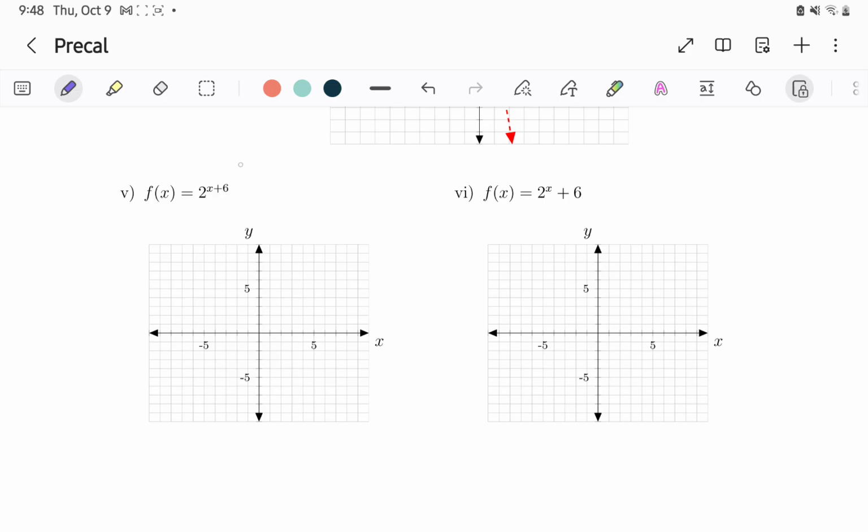So for the y-intercept, f of 0 is going to equal 2 to the 0 plus 6, which equals 2 to the 6, which, by the way, is equal to 64. So this is going to be the point 0, 64.